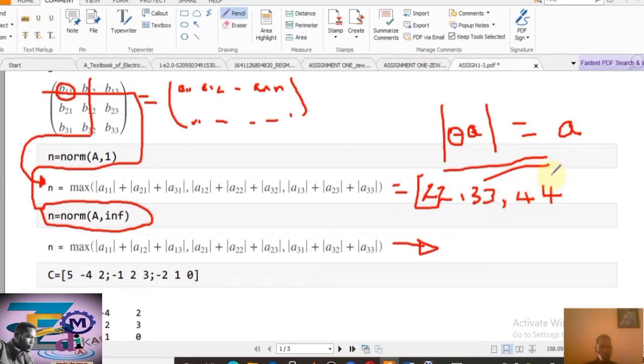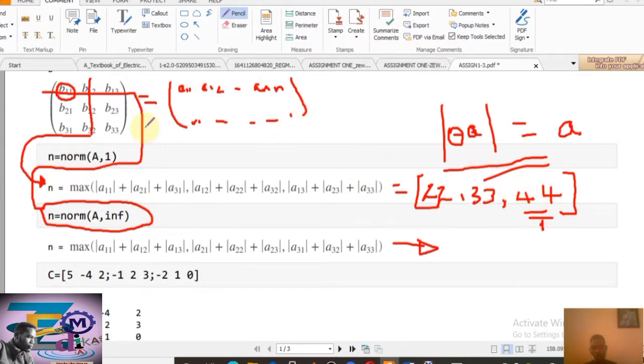So for this given matrix, you have to take 22, 33, 44. So 22 is less than 33 is less than 44. So 44 is the maximum value. So the one norm of this matrix is 44.